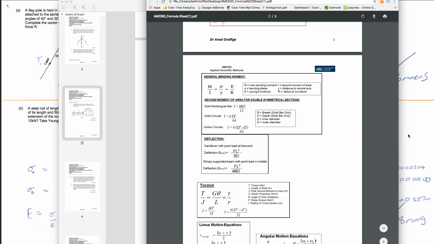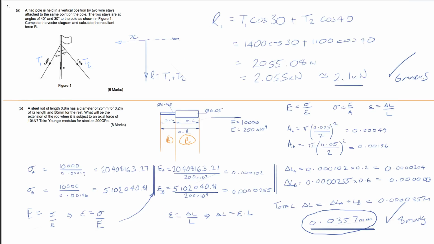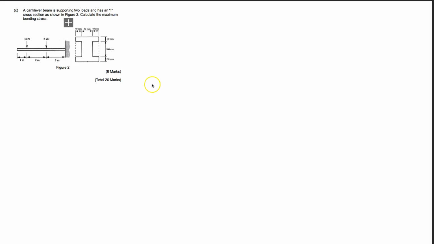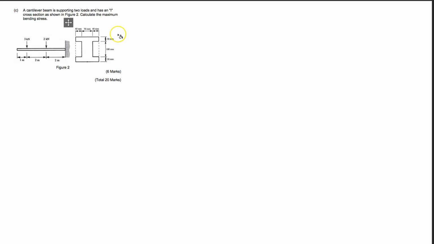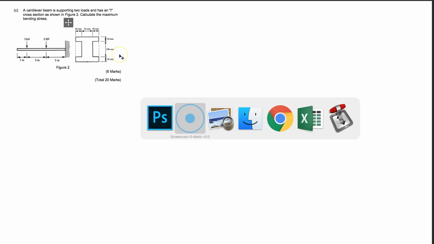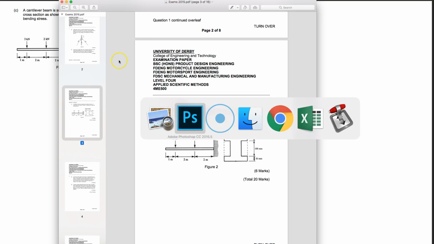Right then. I'm just going to clear some space on my palette here. I couldn't actually work out how to extend my canvas, so I've got it on 2 separate documents now. Okay. So we've got a cantilever beam supporting 2 loads, has an I cross section. Calculate the maximum bending stress. Let's have a look at our formula sheet then.